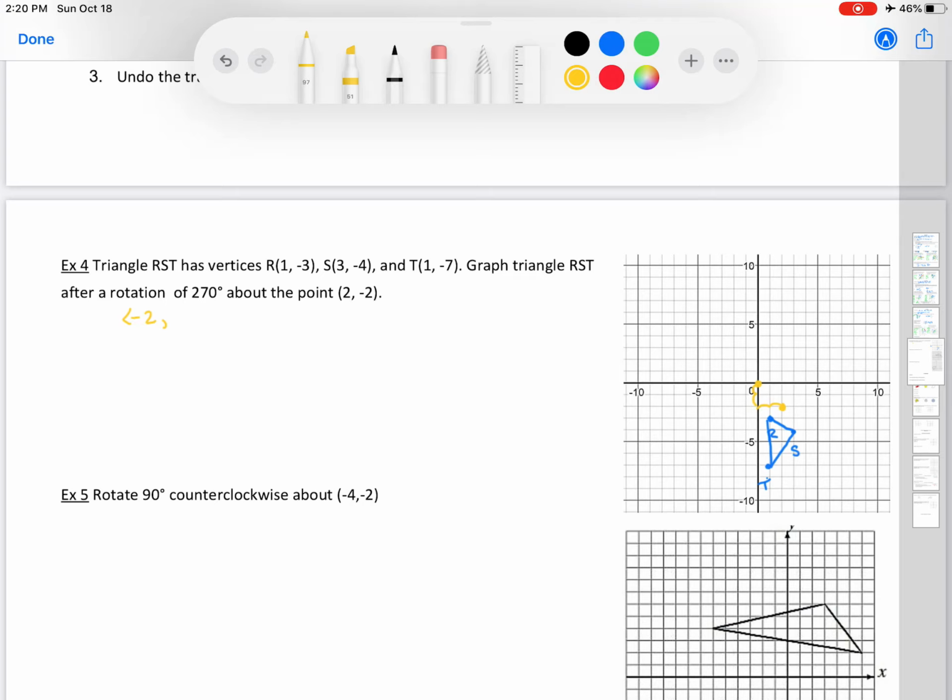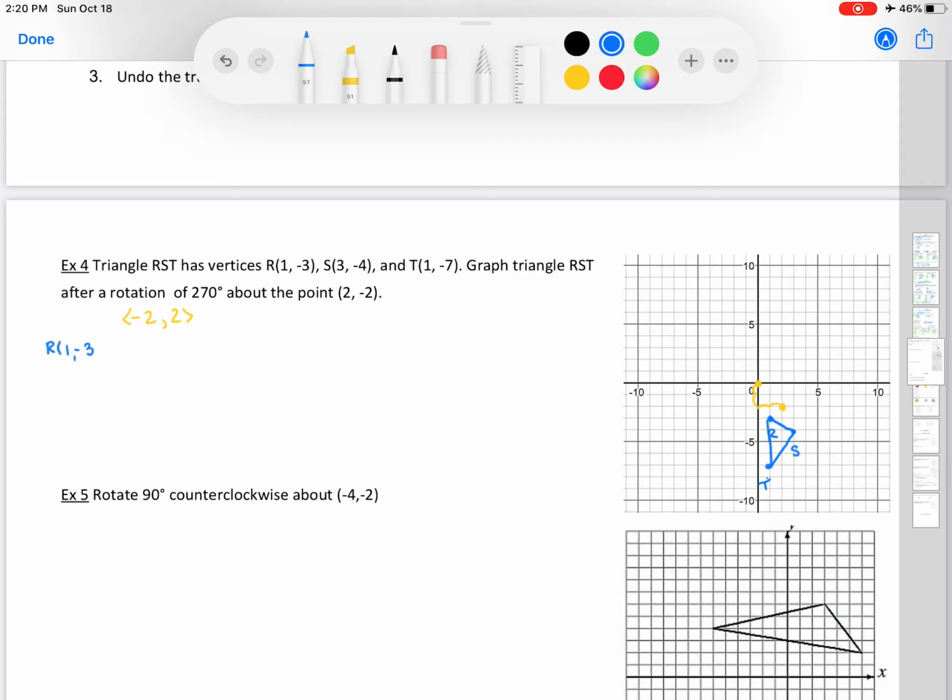And once I moved to the left 2, I would need to go up 2 to get to 0, 0. So if you notice, this is the complete opposite of the point that they gave me. They gave me positive 2, negative 2, and our translation vector is a negative 2, positive 2. This will always hold true, where it's flipping the sign to create that translation vector.